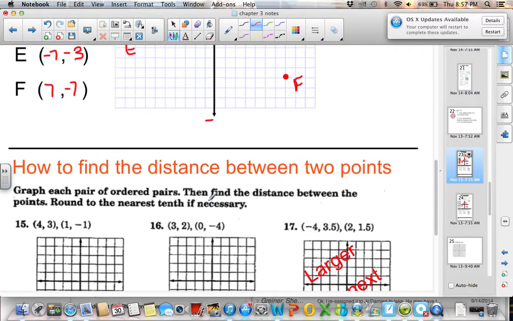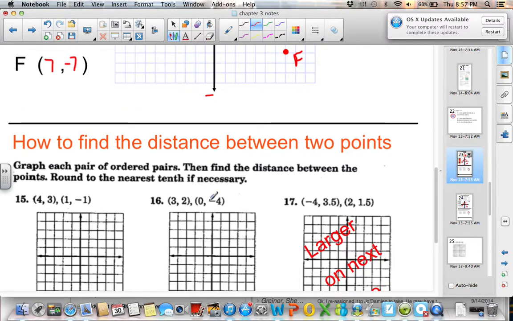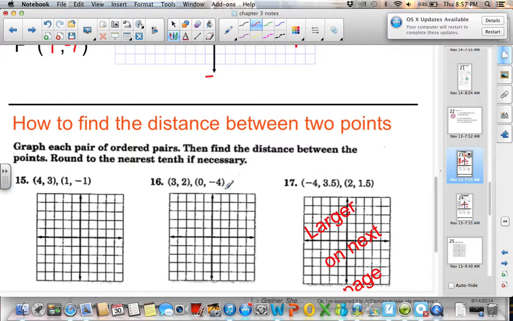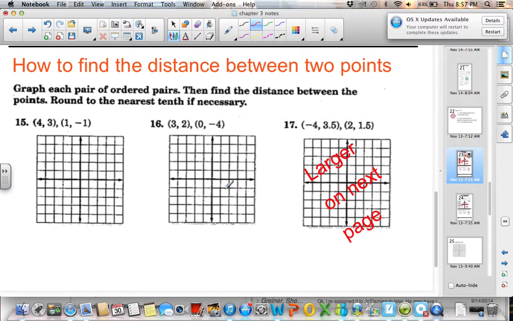All right. How do we find the distance between 2 points? There's a couple different ways, but since we're all experts at the Pythagorean theorem, we are going to use the Pythagorean theorem to find our distance. So we have 2 points. First, we need to graph our points.